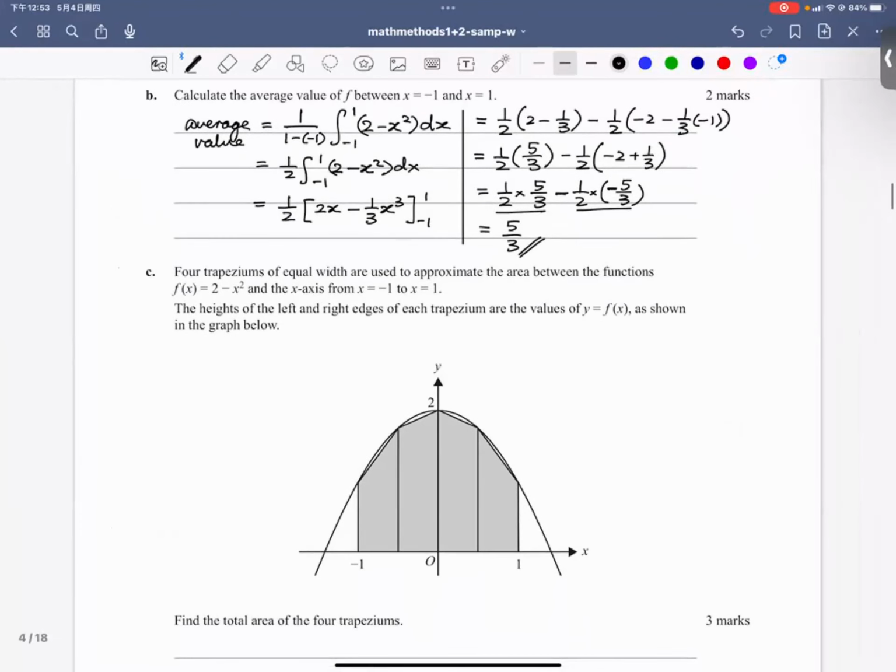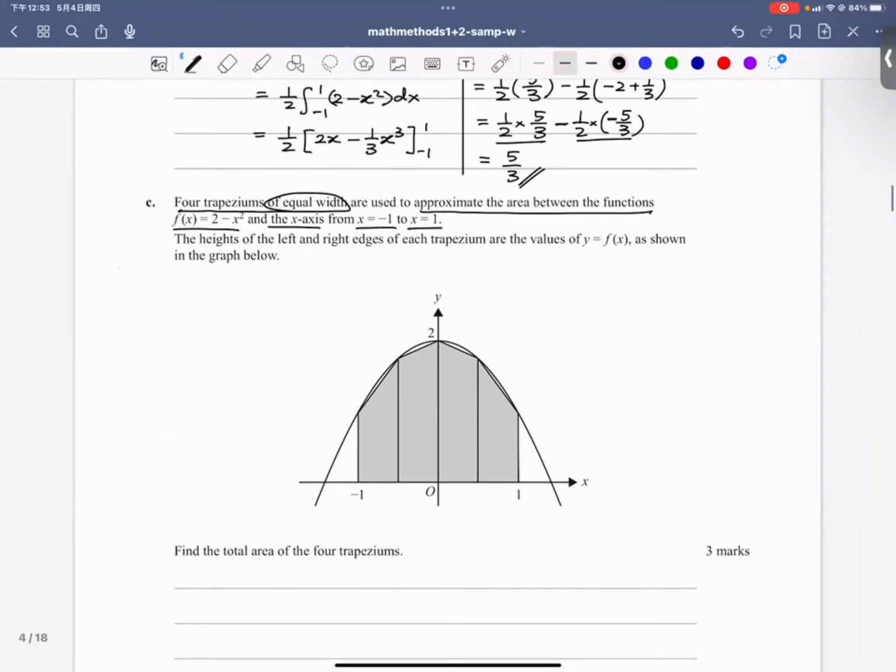Okay, now we have 4 trapeziums of equal width used to approximate the area between the function f and the x-axis from -1 to 1. The height of the left and right edges of each trapezium are the values of y equals to f of x as shown in the diagram. So we want to find the total area of the 4 trapeziums. So basically, you could do some simple calculations. This is minus half, this is half.